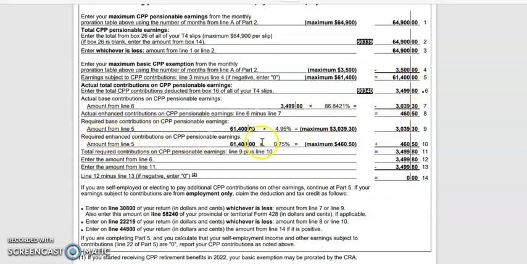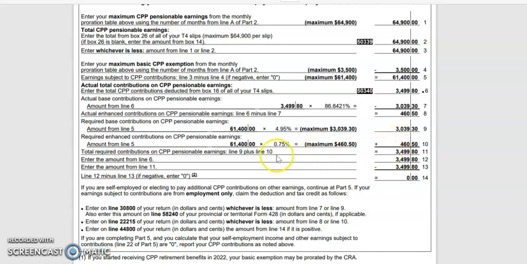So right there, line 5, you fill that in, you multiply it by your 4.95% for the maximum amount of your $3,039.30. Then it wants the required enhanced contribution. So the amount from line 5 again, multiplied by the 0.75% for the maximum of the $460.50, okay, which is the amount from the enhanced.